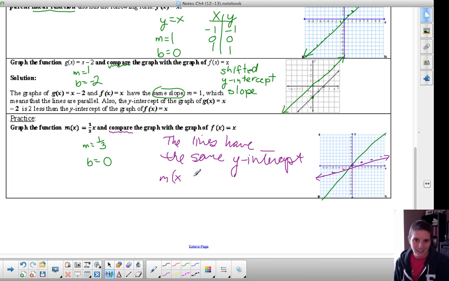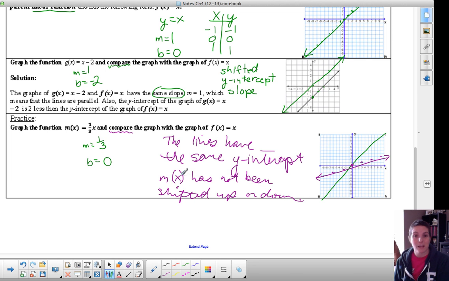M of x has not been shifted up or down. Wow, that's pretty sloppy. M of x has not been shifted up or down.